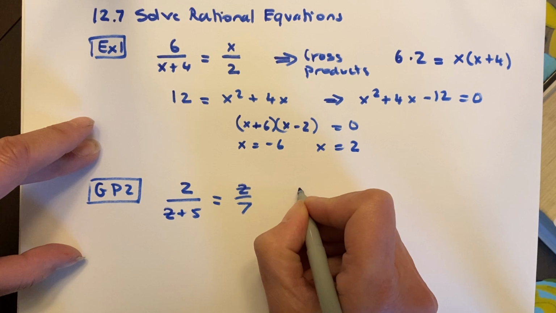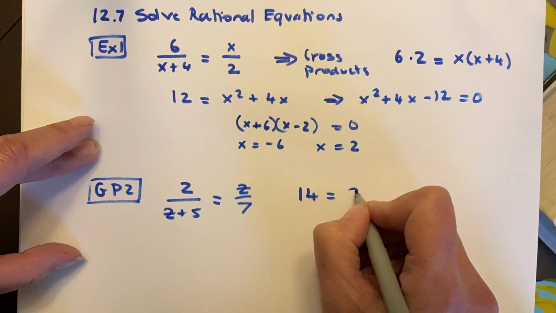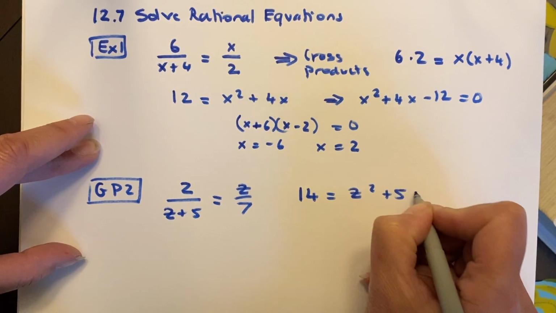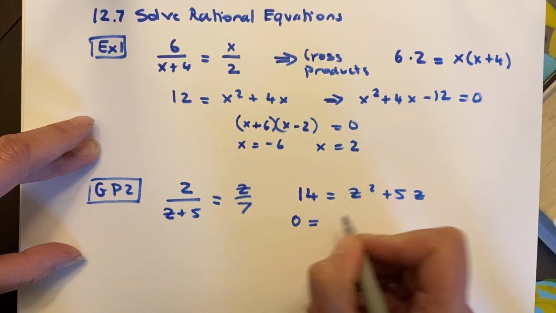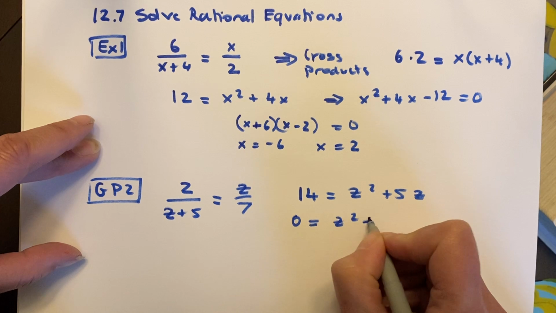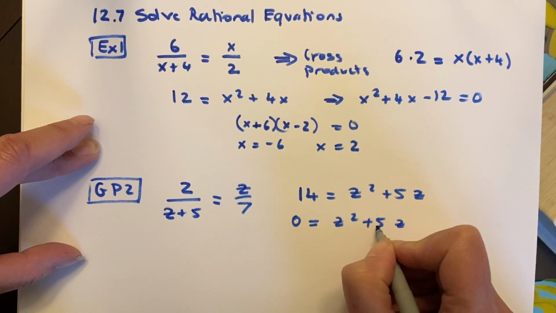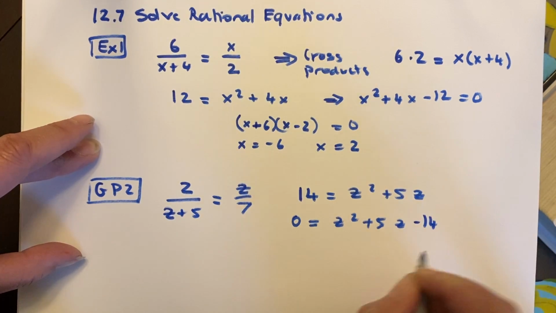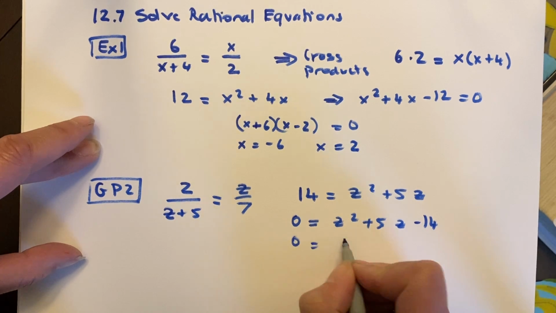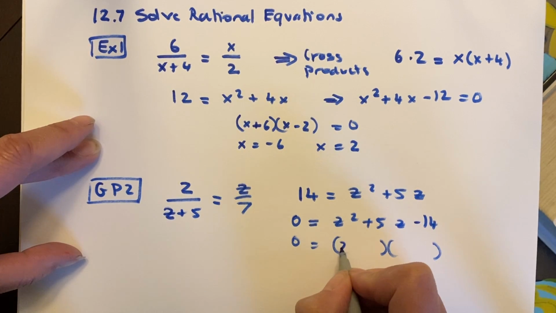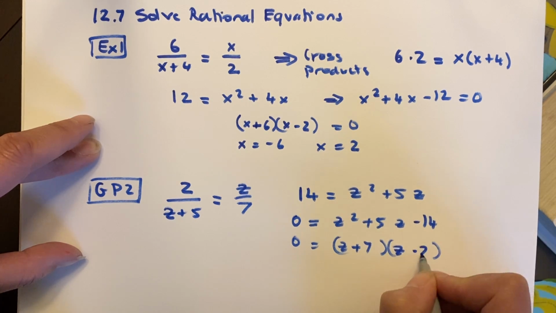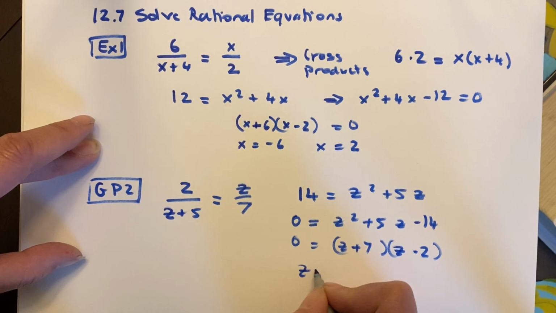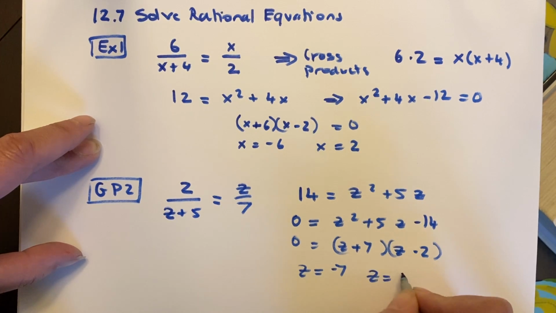Cross products gives me 14 equals z squared plus 5z. If I set equal to 0, I get 0 equals z squared plus 5z minus 14. When I factor, I get z plus 7, z minus 2. So my answers are z equals -7 and z equals +2.